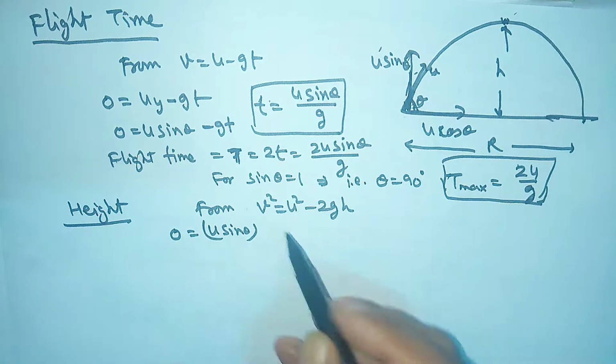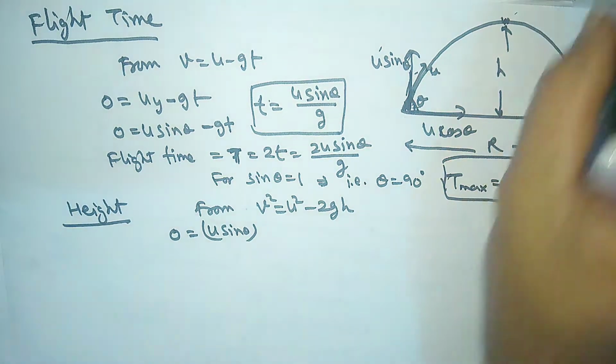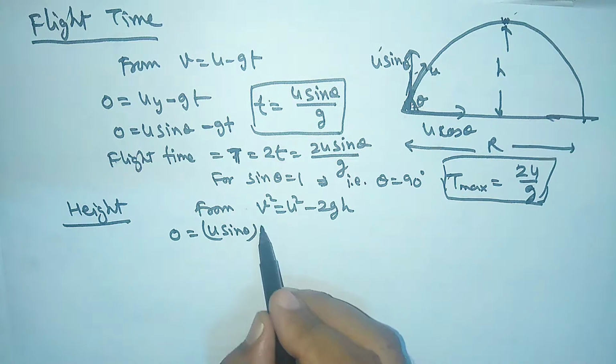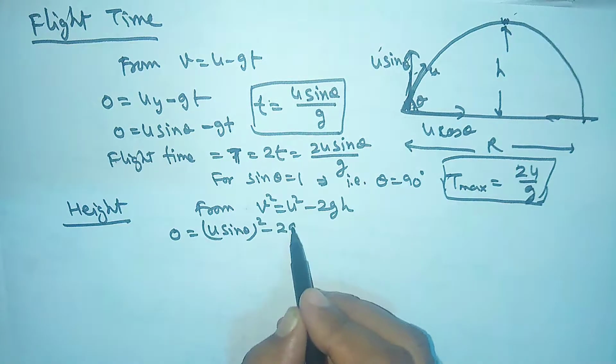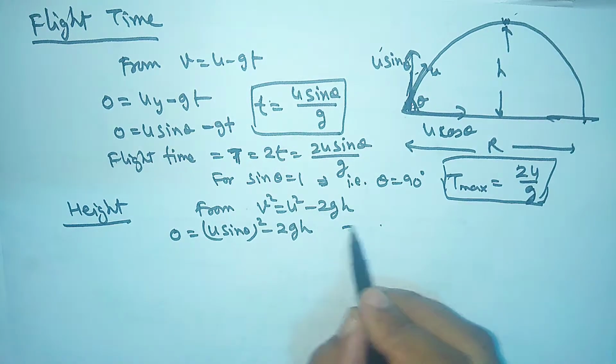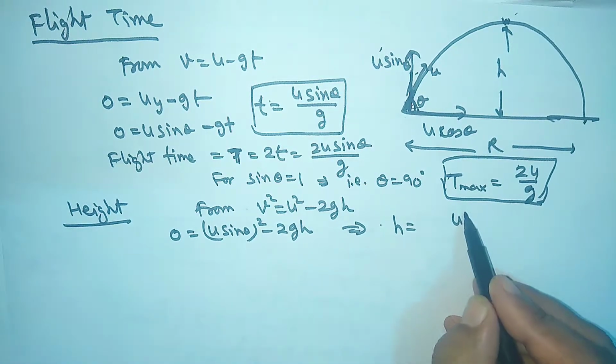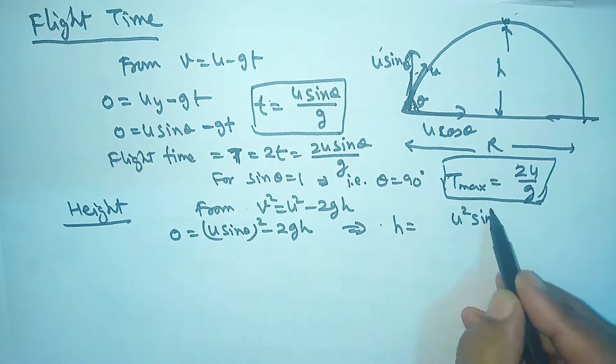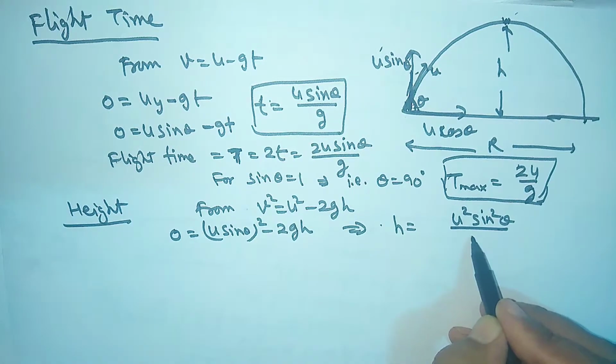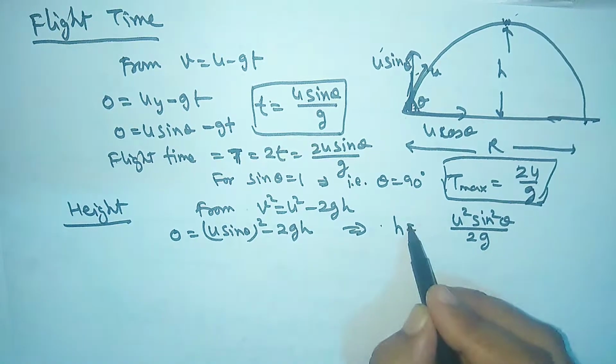Okay, this component is responsible to move the body in upward direction. So 0 is equal to (u sine theta) square minus 2gh. So from here we can write h is equal to u square sine square theta upon 2g.